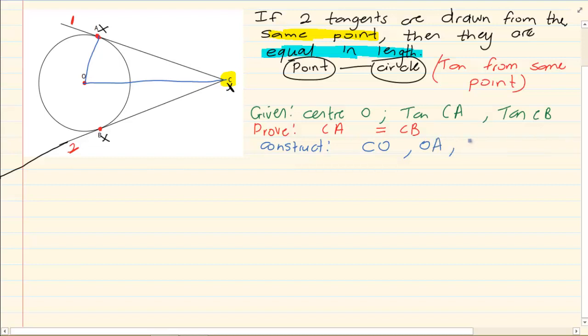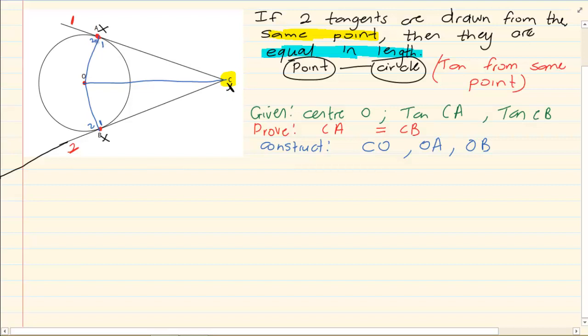And we've got OB, center to the tangent. Now let's look at what we have. Once you've constructed these lines CO, OA and OB, we know that we have B1 and B2, A1 and A2.